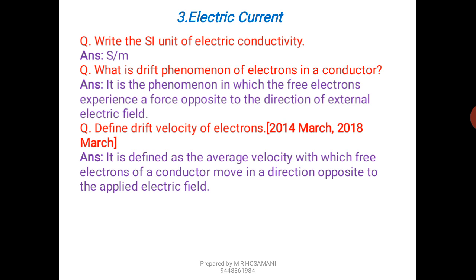The drift velocity of an electron is defined as the average velocity with which free electrons of a conductor move in a direction opposite to the applied electric field, and that average velocity of the electron itself is the drift velocity.